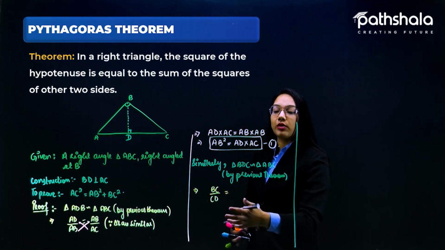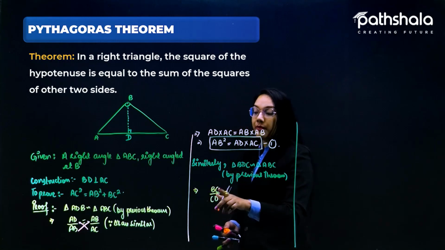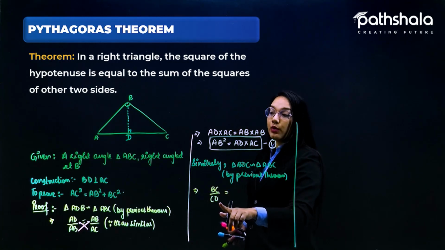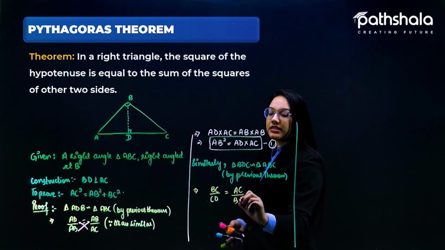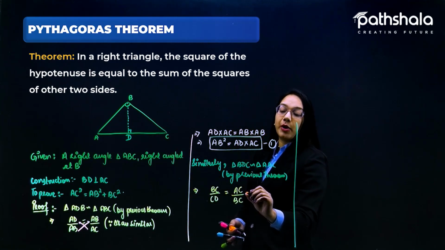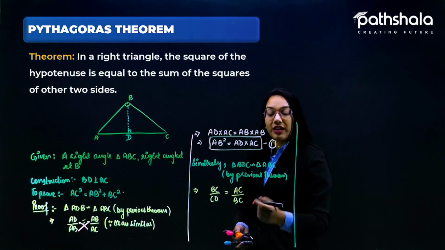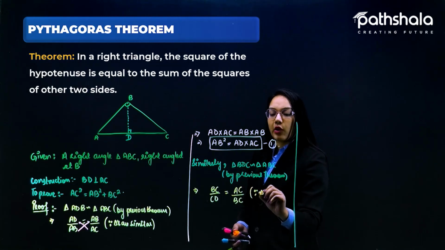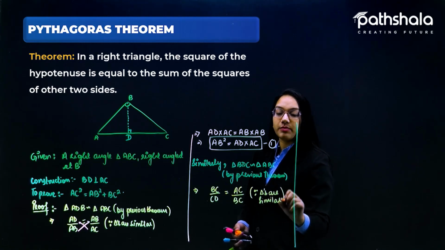Taking it in a reciprocal manner, BC by CD should be equal to AC divided by BC. This is again because the two triangles are similar, so their corresponding sides' ratio would be equal.